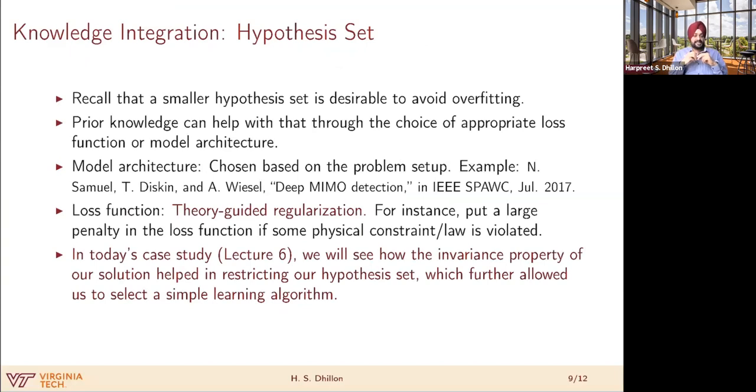As I said before as well, in lecture 6, we will see how this invariance property of the solution, which we'll discuss in more detail, will help in restricting our hypothesis set. We'll also see how this further helps in coming up with a very simple learning algorithm. Rather than directly going to, for example, deep learning, you could do something far simpler and still get a pretty reasonable solution.